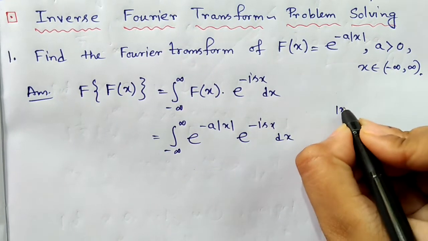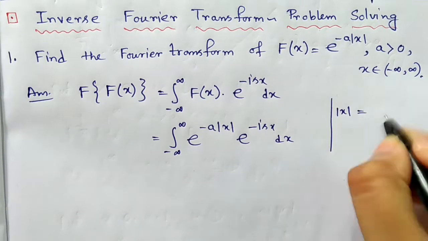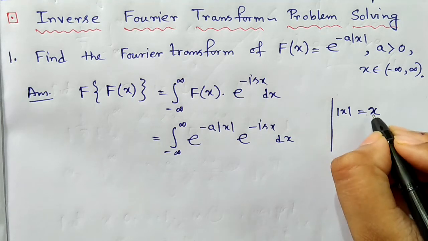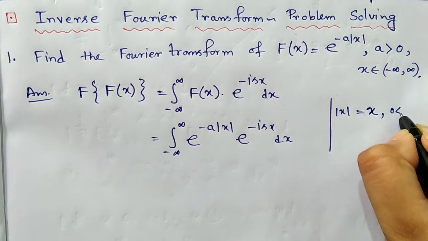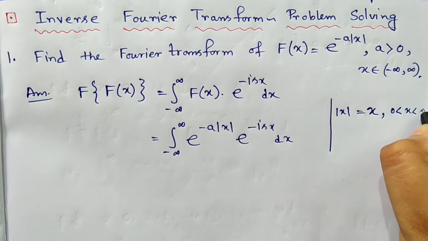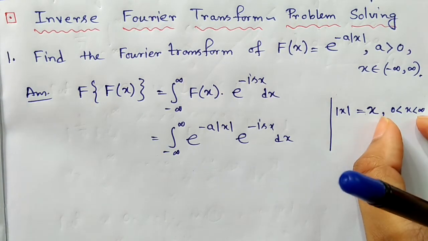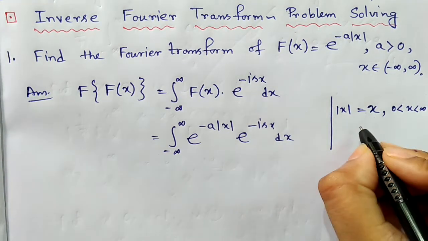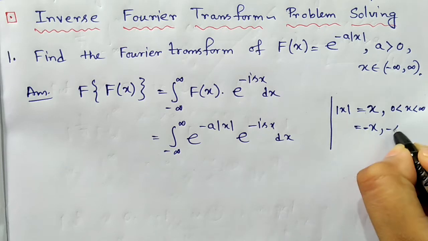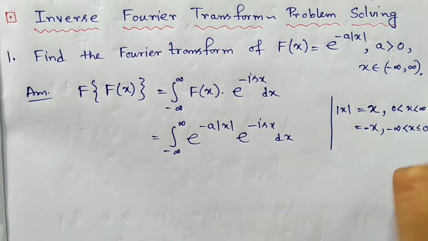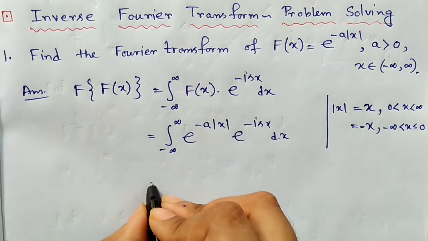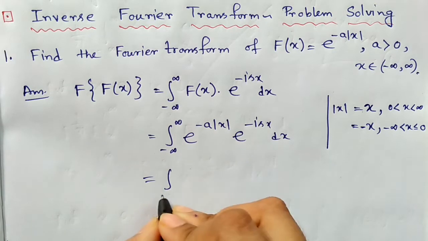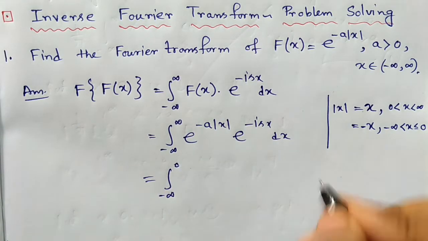Now this mod x function can be written as follows: mod x equals x for the positive half, 0 less than x less than infinity, and mod x equals minus x for the negative half. So now we split the range of integration into two parts, minus infinity to 0 and 0 to infinity.